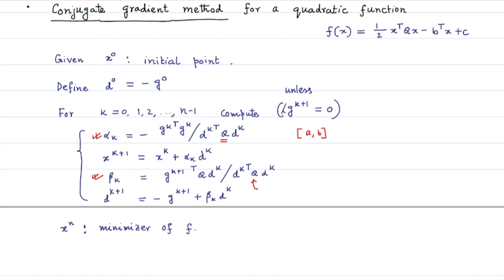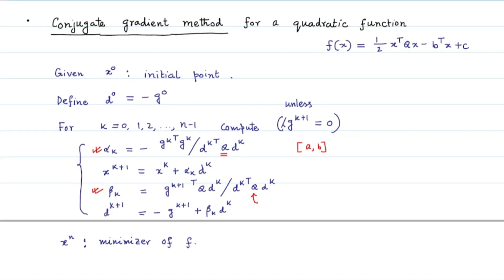These modifications are actually based on algebraic manipulation of the formula beta k in such a way that the appearance of Q is eliminated. And once the appearance of Q is eliminated, we can then go for applying the expression of beta k for a non-quadratic function for which we will not have to evaluate the Hessian matrix.